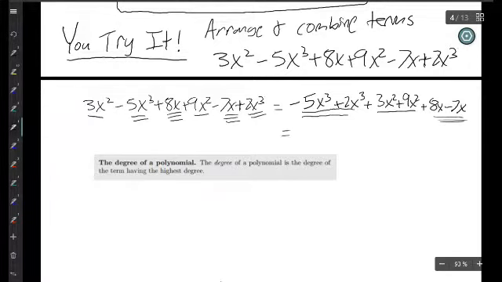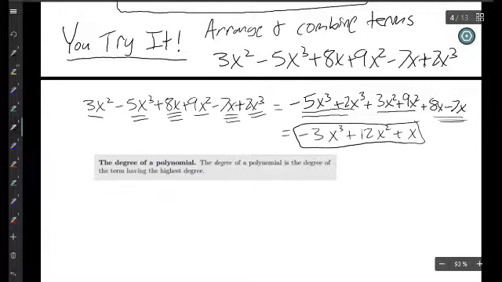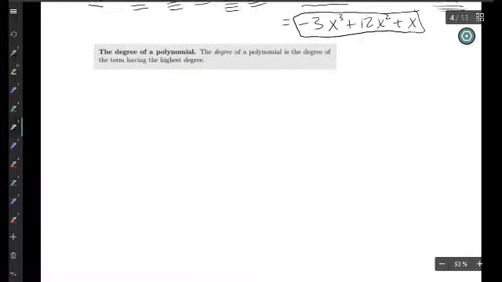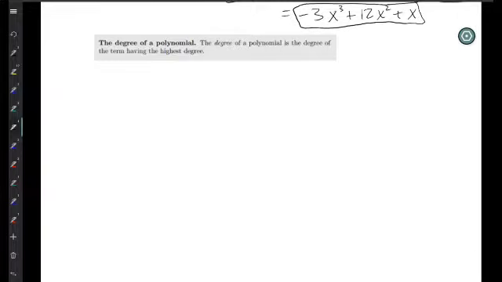Negative 5 plus 2 is negative 3, so negative 3x cubed. 3 plus 9, 12. 12x squared. 8 minus 7, 1. So plus 1x or plus x. Alright.